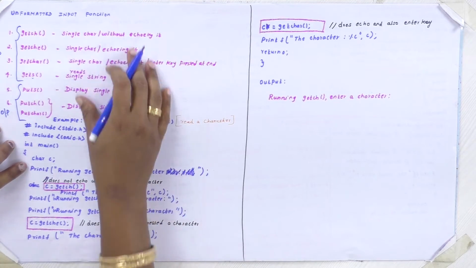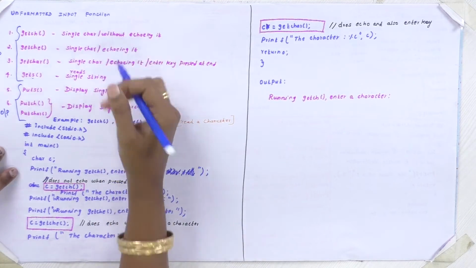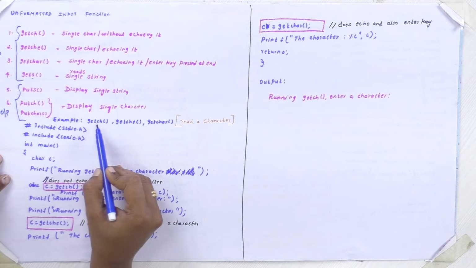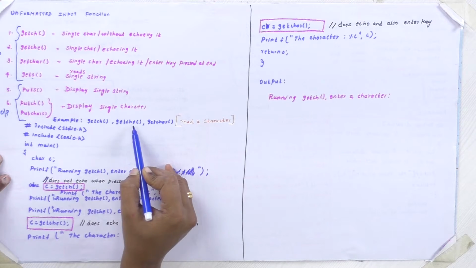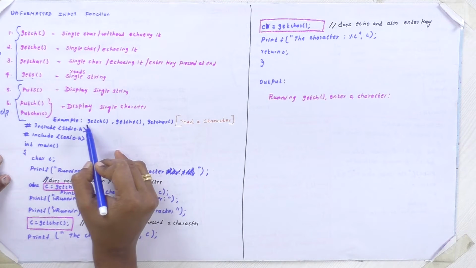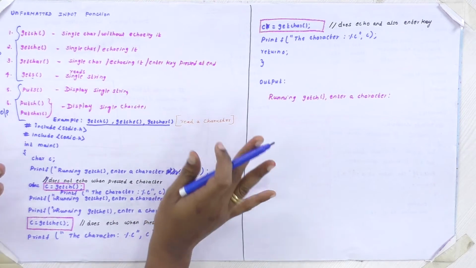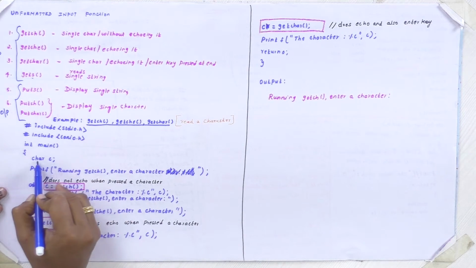Let us have a look at an example. This is the example for getch, getchar and getche. These functions are mainly used to read a character. I am going to declare a char c.